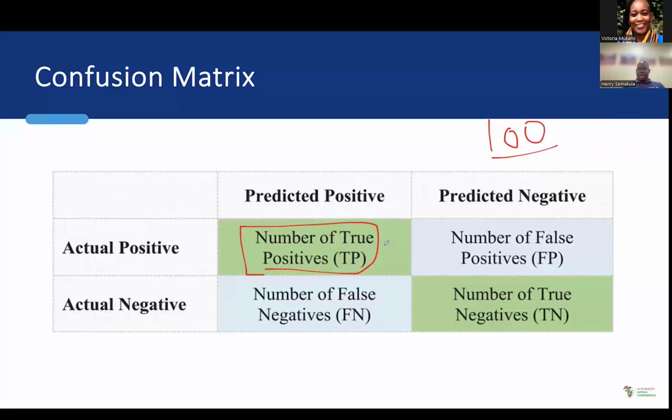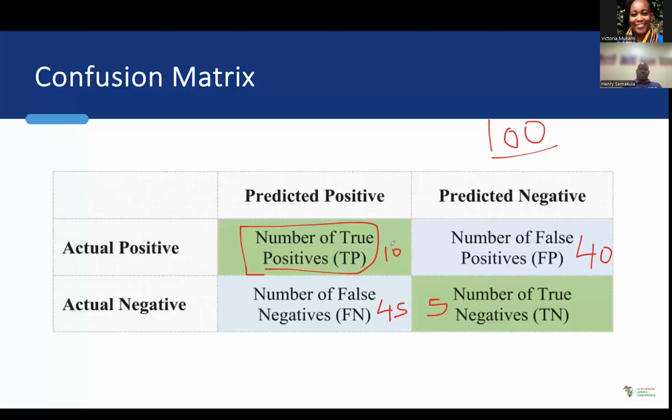You find maybe you have 10 here, and maybe you have 5 here, and the rest of the values fall. Maybe this is 15, you have 45 here, and you have 40. So definitely, looking at this, the model is underfit.